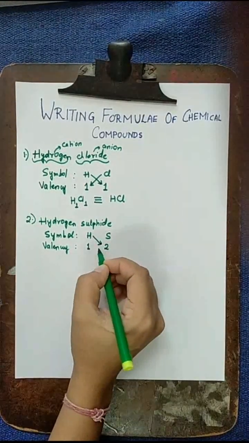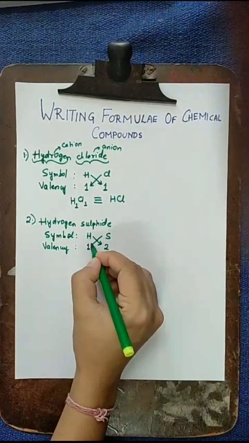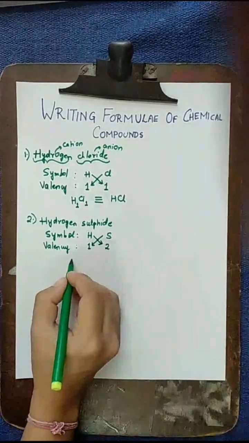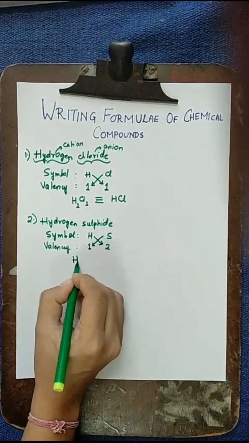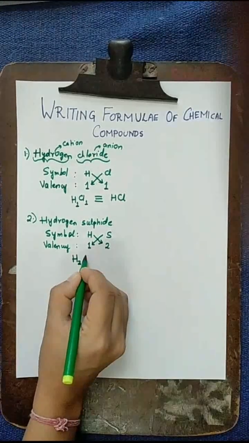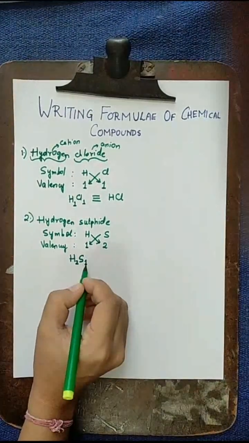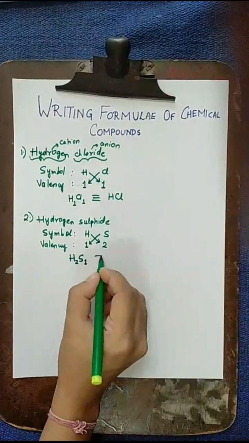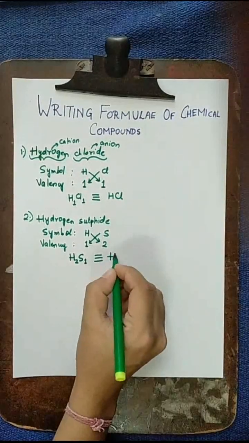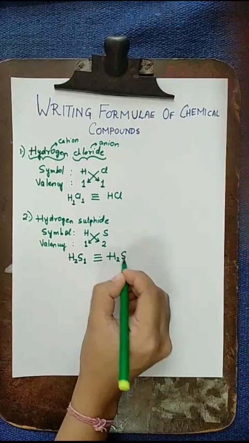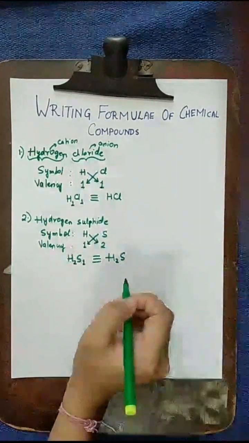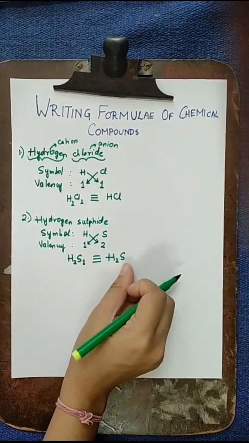So H is matched to 2, S with 1. And the final formula comes to be H2S1. But as I said, we need not write 1. So this would be equivalent to H2S. So the final formula of hydrogen sulfide is H2S.